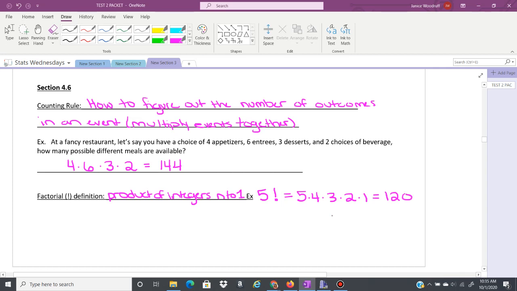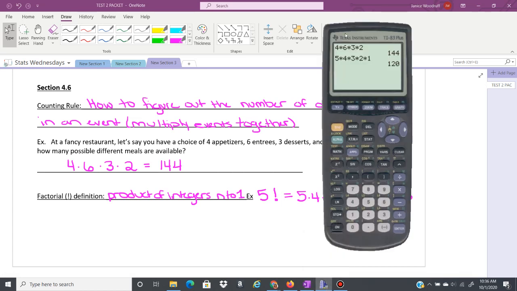Now, there is a button in your calculator for this because we could get something that is a lot larger than 5, and then it's a pain to go in descending order. So if I want to do 5 factorial, you're going to go in your calculator. You're going to enter the number first, so 5, and then come over to the button that says math.